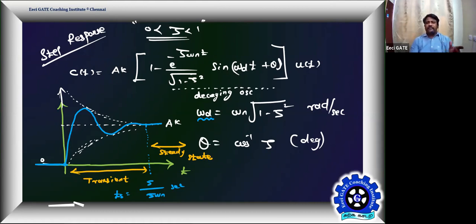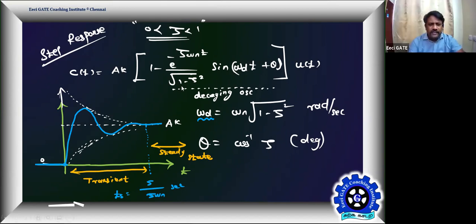If someone gives a different A or different K, you may not conclude properly. That's why I play with A and K in both first order as well as second order. That's very important. Is it clear? Yes, sir.